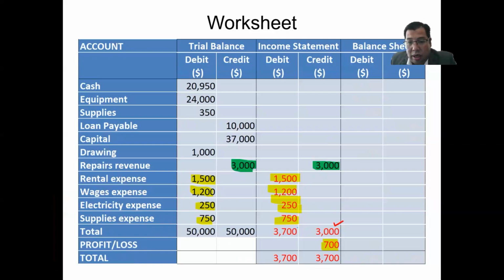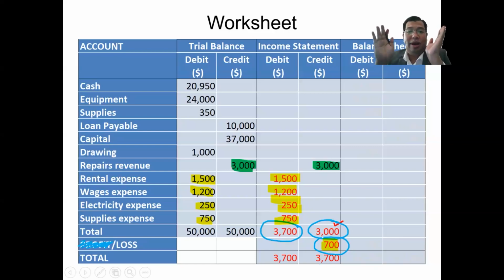You find that your total debit, which is equal to total expenses, is 3,700, whereas your total credit or total revenue is 3,000. That gives you a 700 difference. This difference is your loss. Automatically, you know this is your loss, not profit. So you can have a total balance of 3,700, 3,000 plus 700. That is for your revenue and expenses.